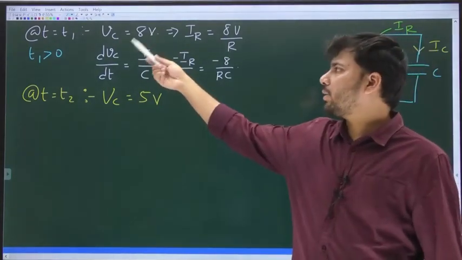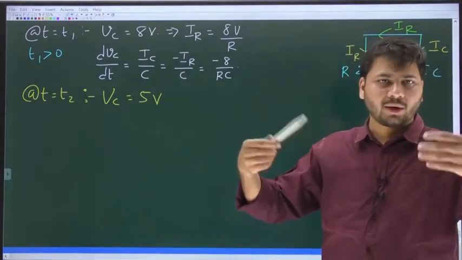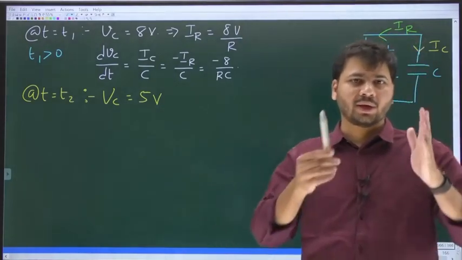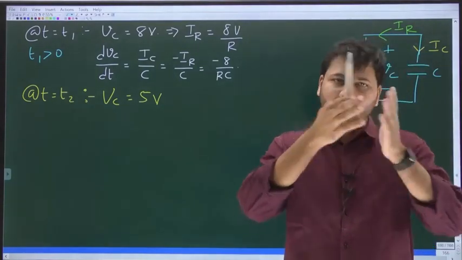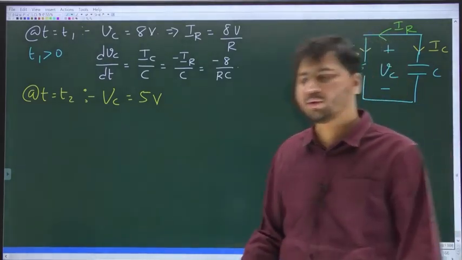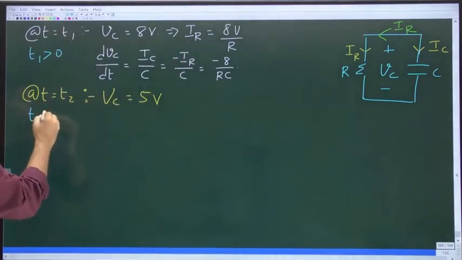Already at t equal to t1 it has become 8. Now at some later point in time, let it further reduce to some 5 volts. It is like this. Initially it is 10. From 10 it has reduced to 8. From 8 it has further reduced to 5.